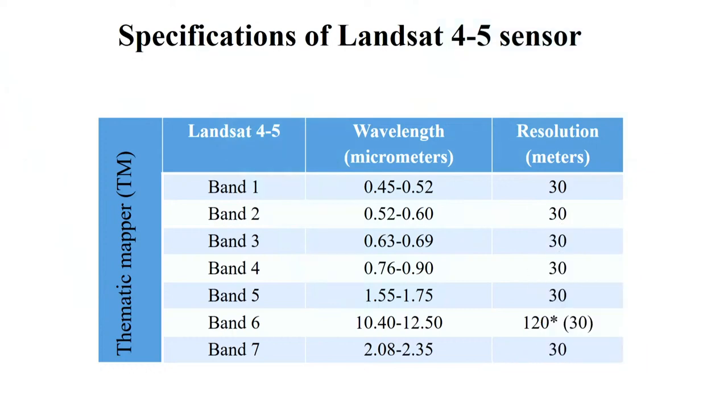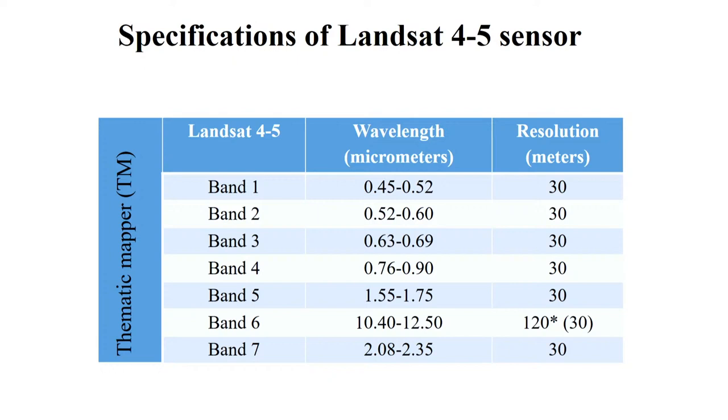Now, the Landsat series of satellites have also been widely used in the scientific community, by researchers and students, because all these data sets are freely available, and the resolution is also very high.